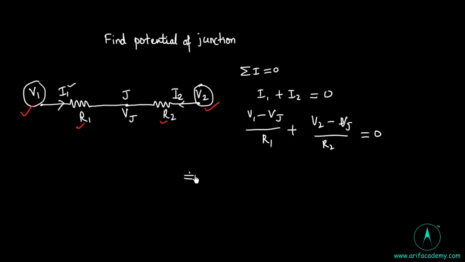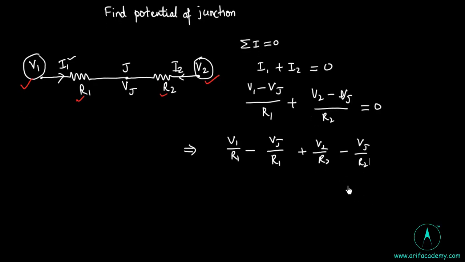So this can be written as V1 upon R1 minus Vj by R1 plus V2 by R2 minus Vj by R2. We can write this as V1 by R1 plus V2 by R2 equal to Vj times (1 upon R1 plus 1 upon R2).